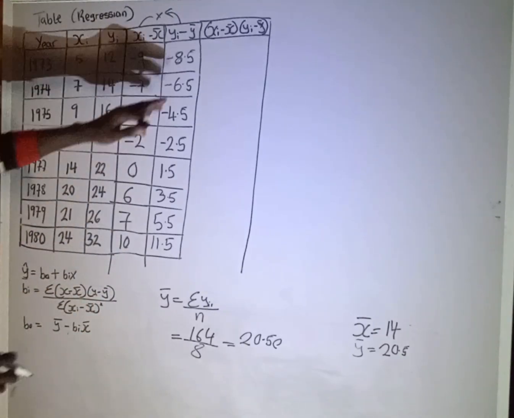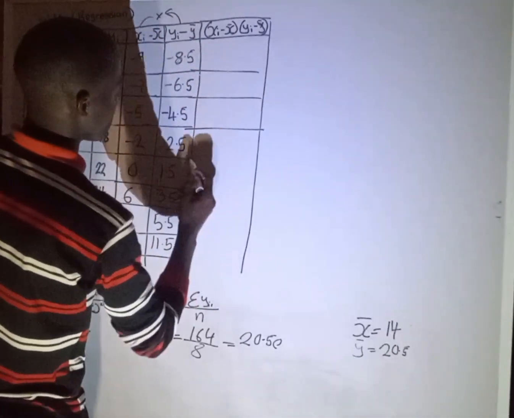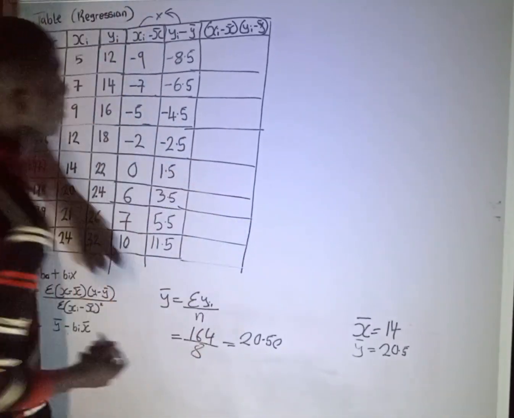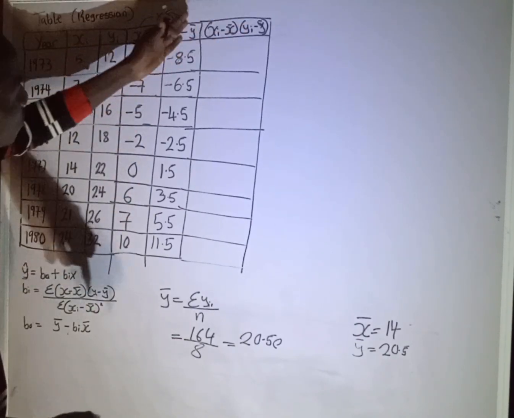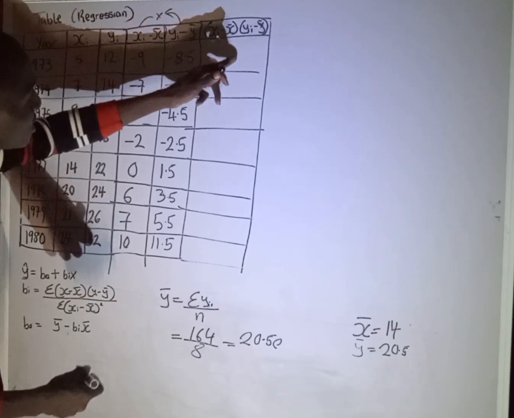So now this is the next column that I'm going to be having. Now I know the value of this and the value of this.